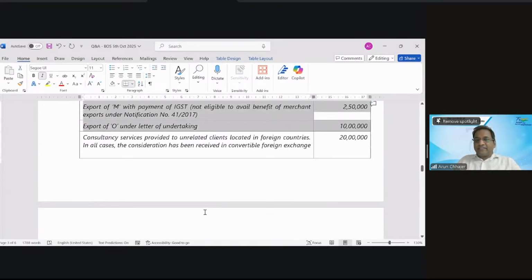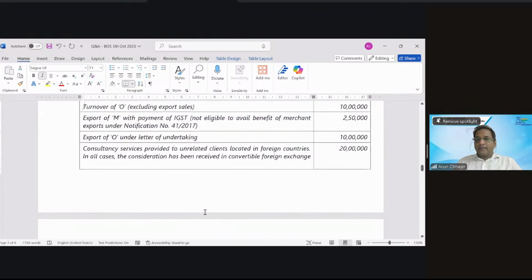What is the difference between the export of M and the export of O?